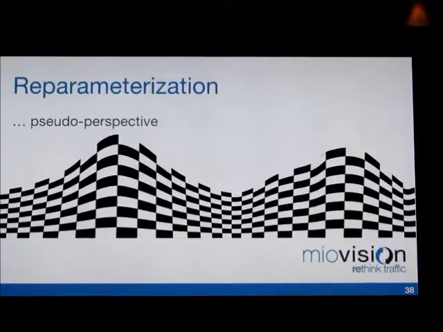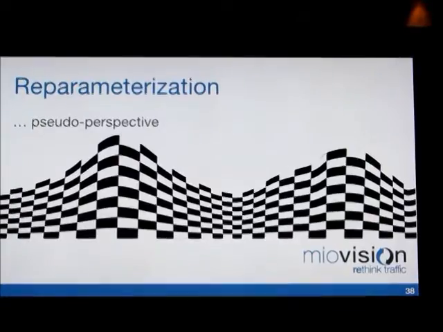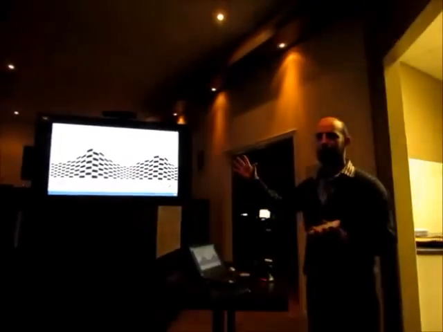But we need a little bit more than that. So we've attempted what we call a pseudo perspective. This is done where the derivative of the parameter is inversely proportional to the width of the lane. The concept here is that when the lane is very narrow and small, it's likely far away from the camera, and when it's wider, it's closer to the camera.